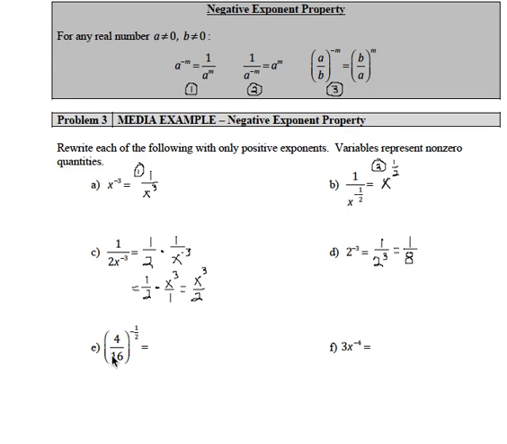Part E is going to be an application of this third representation, where I have a fraction raised to a negative exponent. So what I'm going to do, according to the rule, is flip the fraction, make it 16 over 4. Then the exponent becomes positive. It's kind of hard to read, but this is a negative 1/2.